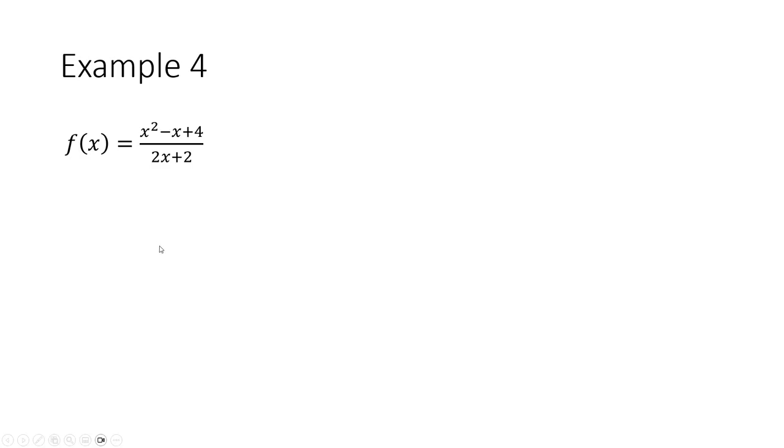All right, next example is x squared minus x plus 4 divided by 2x plus 2. And the first thing I'm going to do is factor the numerator and denominator. For the numerator, x squared minus x plus 4, I'm going to look for two factors of 4 that add to -1.